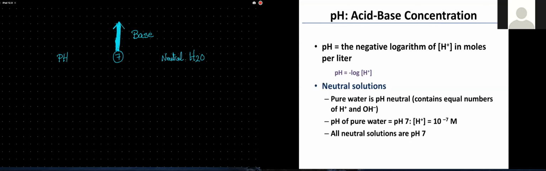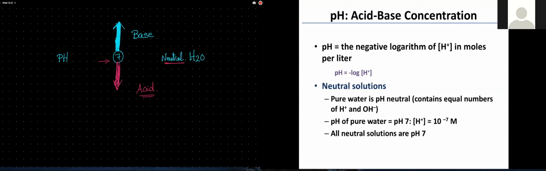Having a pH lower than 7, going down, it's gonna be an acid, acidic substance. So again, pH of 7 is gonna be the pH of water. It's gonna be neutral.